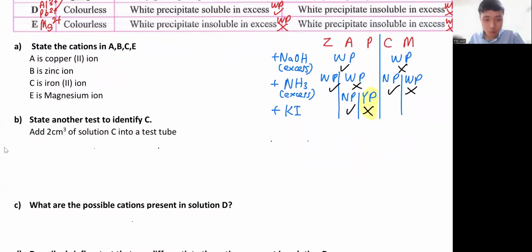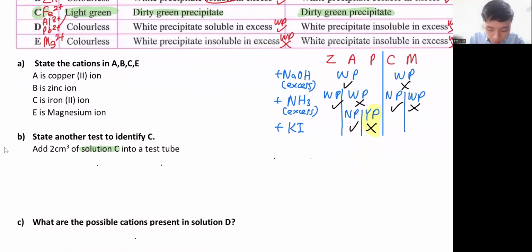First of all, when you write the answer, you need to write what you need to test first. Like solution C, you need to put solution C inside your test tube first. If not, they assume the test tube is empty, and if empty you still add the chemical, there's no reaction.